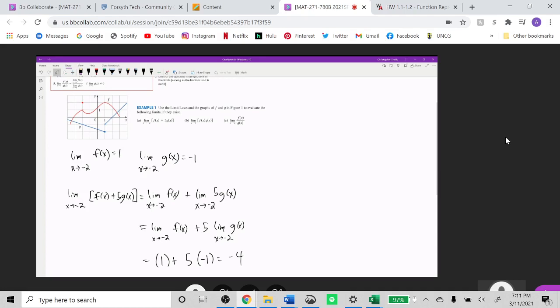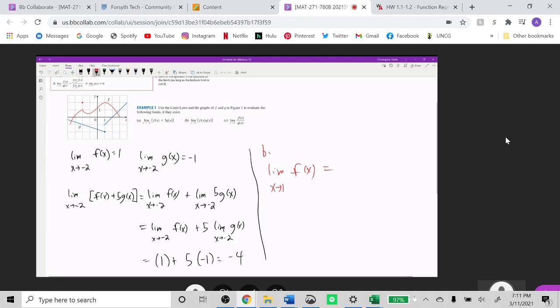Let's look at B. I have a limit of a product. So what I should do is find these limits individually, like I just did. The limit of f of x as x approaches 1.